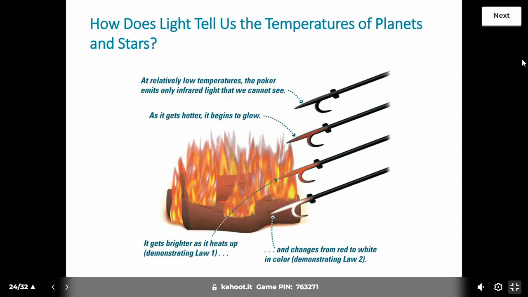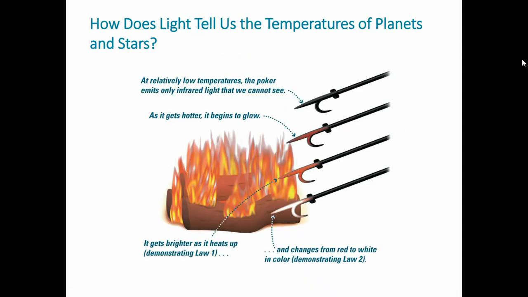So if we want to start asking questions like how will we use this knowledge of light to talk about astronomy? One of the ways that we can use light is to study the temperature of objects. In this example, I'm bringing a fireplace poker near a fire, and before I get close, the fireplace poker is just its normal color, which is black.